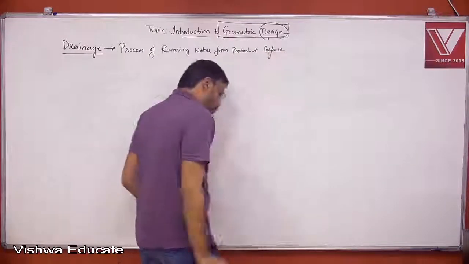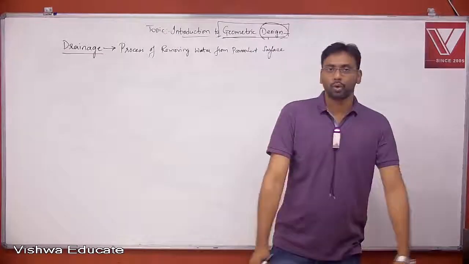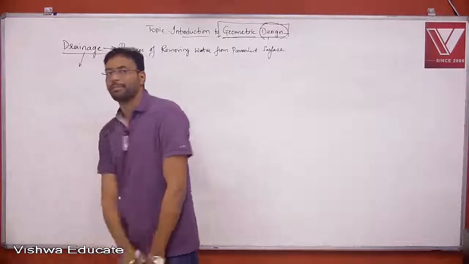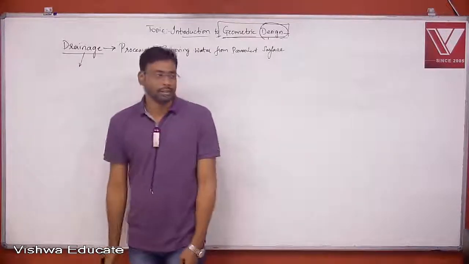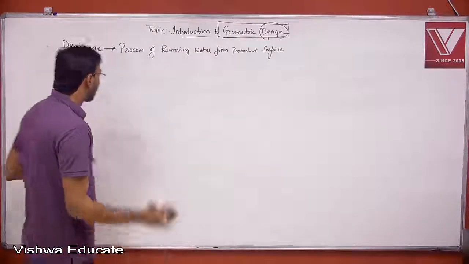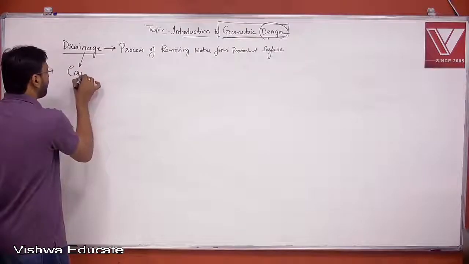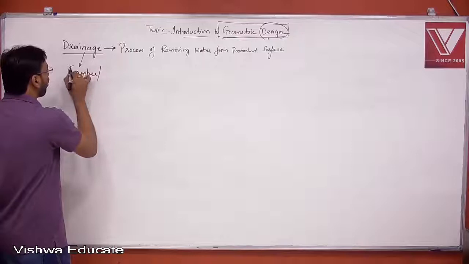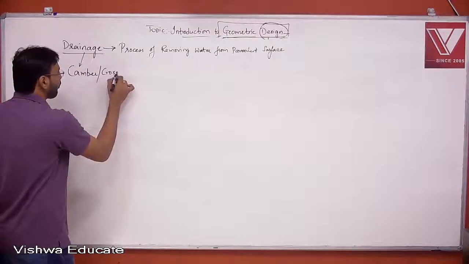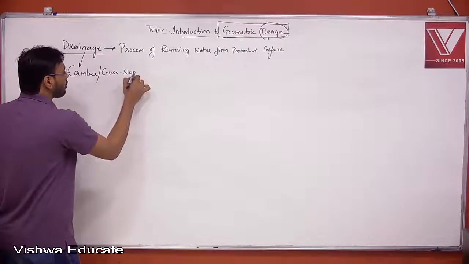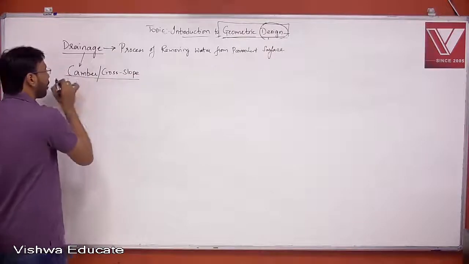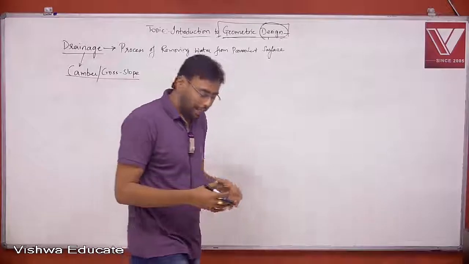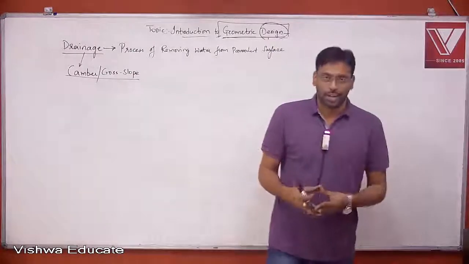And to remove water from the surface, what do we provide? Very simple, easy. We provide camber, which is also called simply cross slope. Cross slope, right? It is the slope which is provided in the lateral direction.